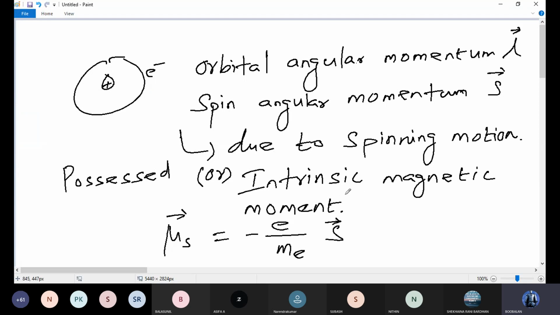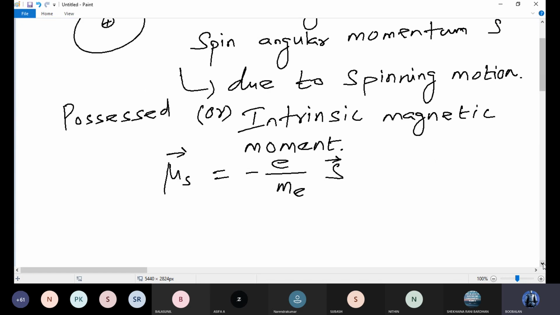Now we should find the total magnetic moment.